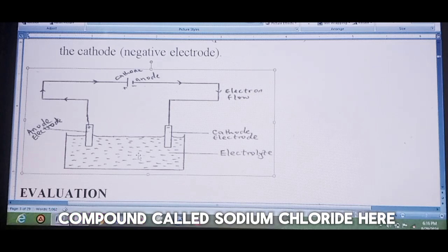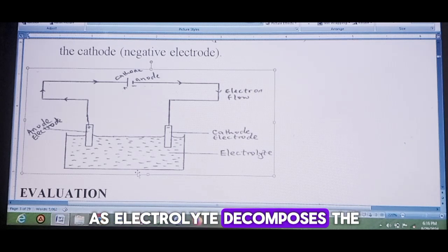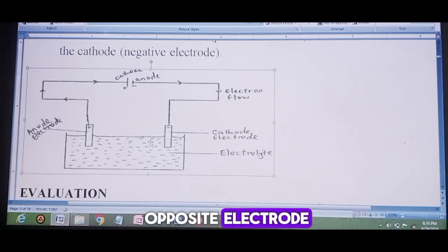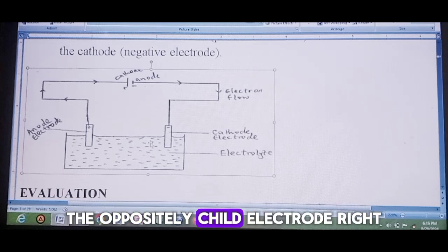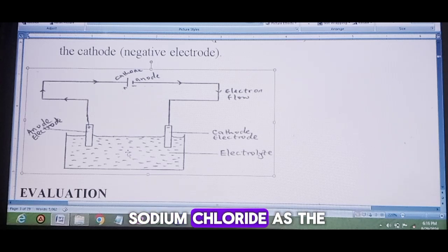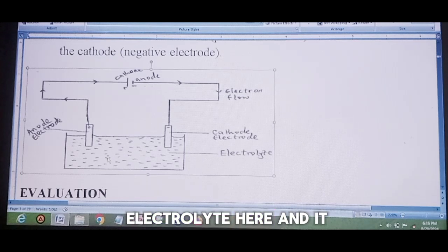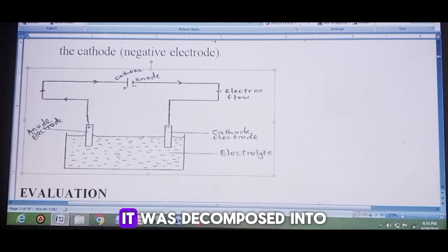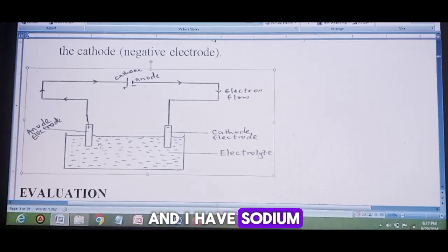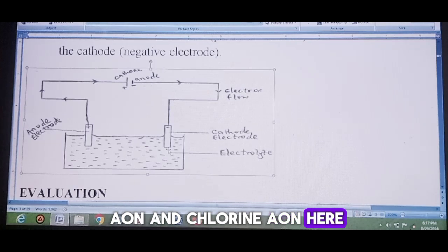When sodium chloride decomposes, the individual ions move to their oppositely charged electrode, right? Now, what do I mean? If I have sodium chloride as the electrolyte here, it is decomposed into sodium ion and chloride ion.